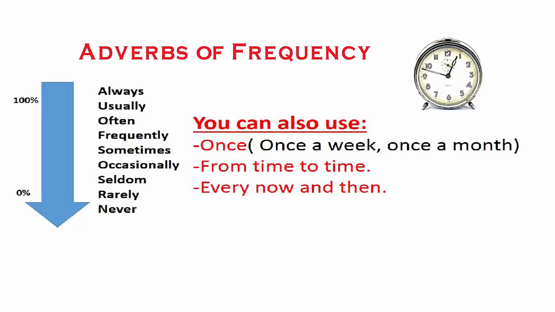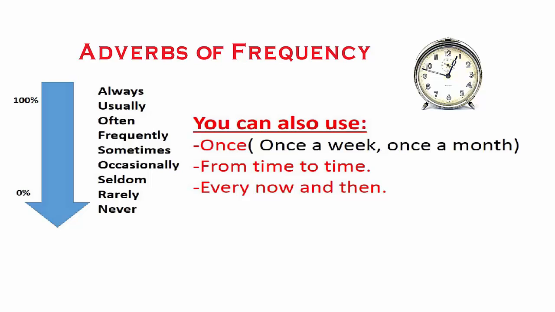Okay. As you can see in the picture, we have some words and we grade them from 0% to 100%. So if you do something all the time, you can use always, then usually, often, frequently, sometimes, occasionally, seldom, rarely, never.